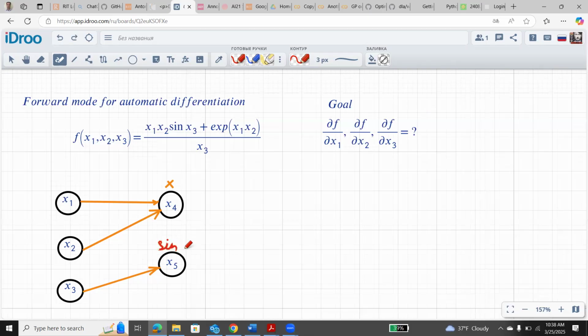I won't write x3; it will be just a function sine, which is applied to an arbitrary input. Then we should multiply x4 and x5, because x1 times x2 is x4, times x5.